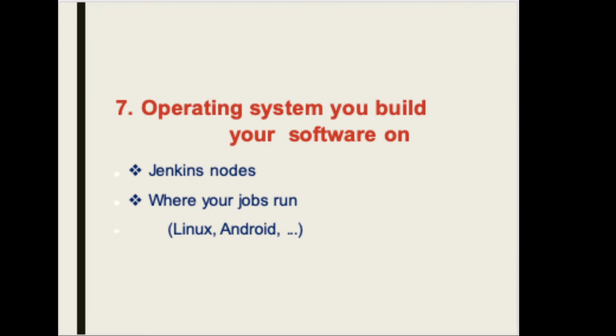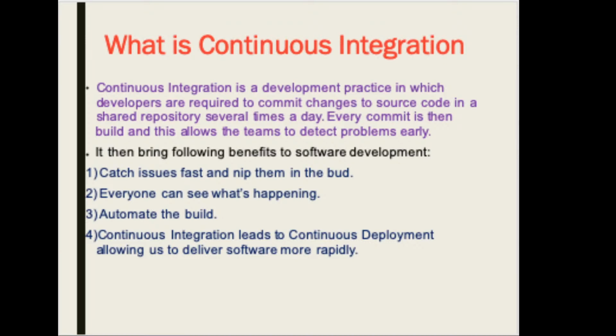And when you probably look at the operating system you build your software on, so I will be basically looking at the different nodes on the Jenkins and where probably your jobs could run.